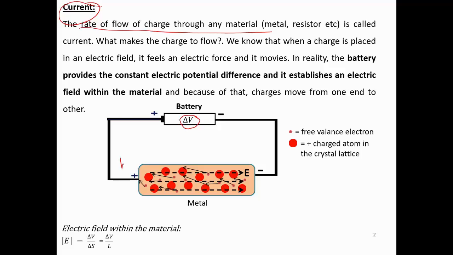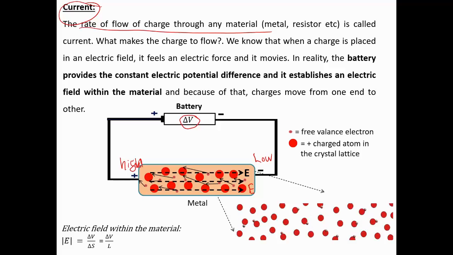So positive means this is at higher electric potential, and this side becomes lower electric potential, and that sets up the electric field. See, electric field, right? That sets up the electric field within the metal, and because of the electric field, the electrons within the metal move opposite to the electric field, because electrons have negative charge, and that constitutes the current.